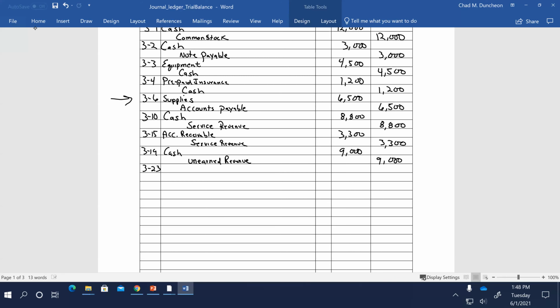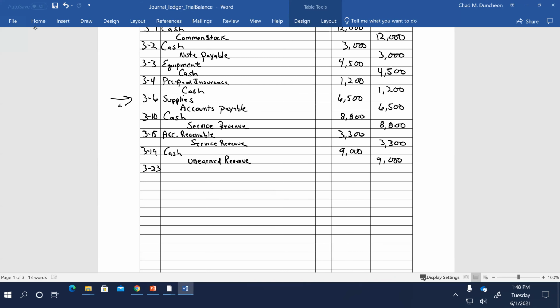So our cash is going down. An asset decreasing is a credit entry. But also, we determine when we analyze the transactions, that now we do not owe them as much money. So what we owe is also decreasing, or our liability is going down. When we created the liability right up here on 3.6, we created an accounts payable for $6,500.